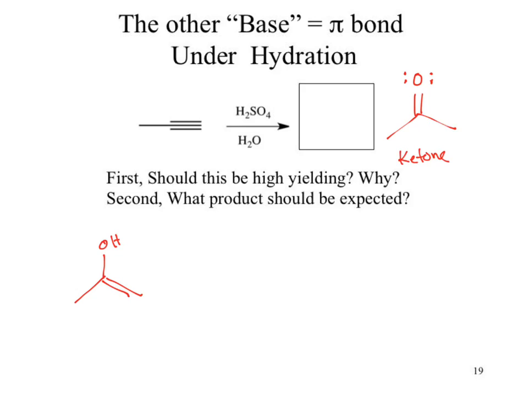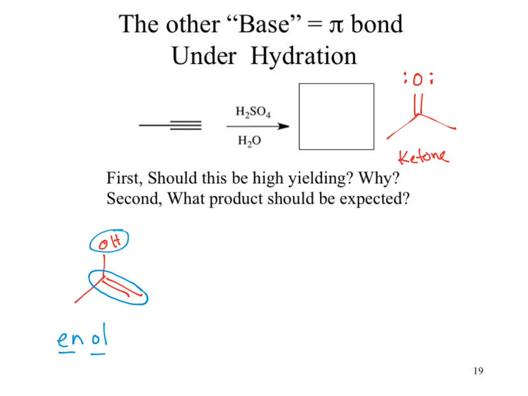So that was our first product, if you will. What do we have in this product? There is no resonance. There's an alkene and an alcohol. We have an enol. Go all the way back to chapter 6, I think.